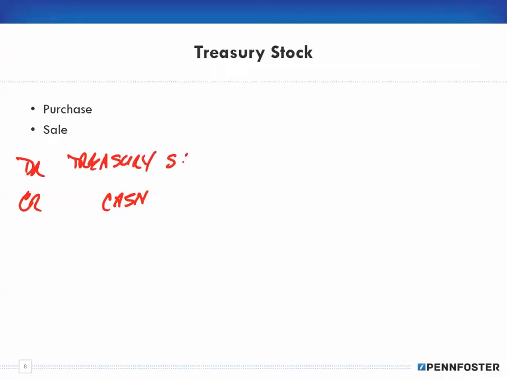That treasury stock is an account in our equity section.